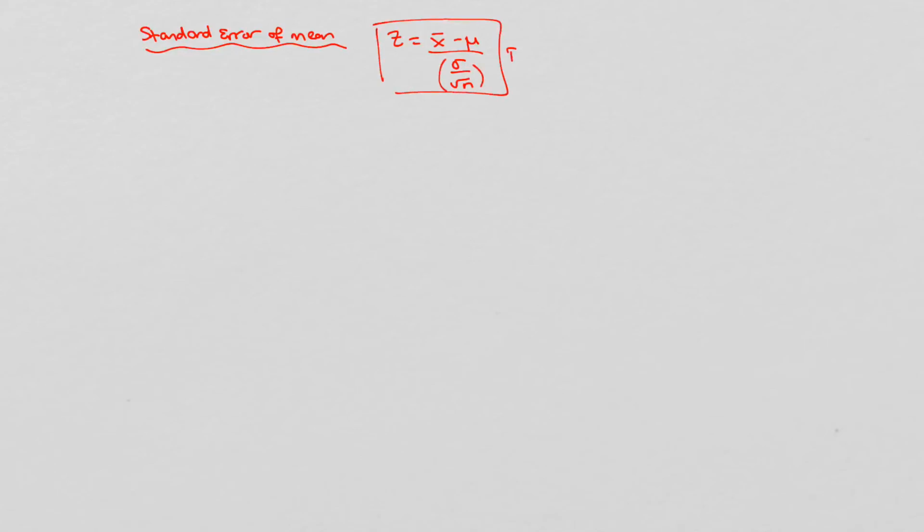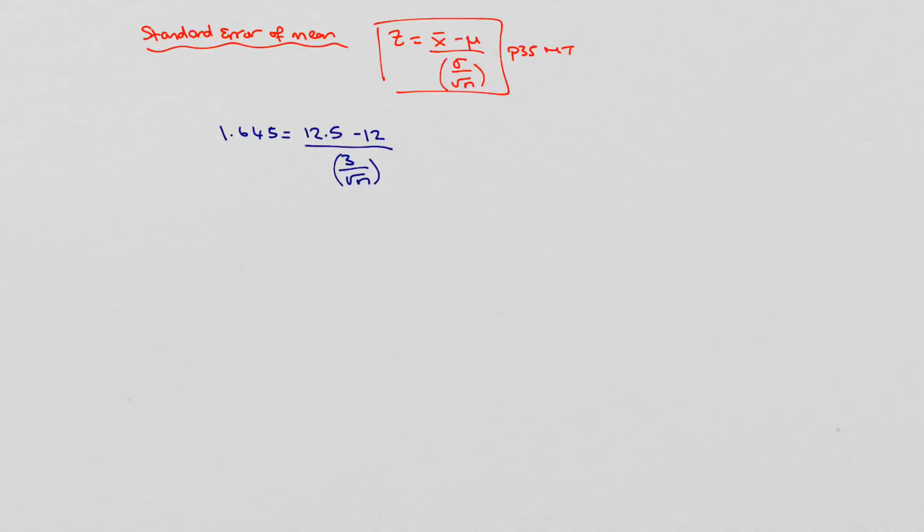And again, this is page 35 in our maths tables. So we've just worked out that z is 1.645. Our sample mean is 12.5. Our population mean is 12, and our standard deviation is 3. And what we're trying to find is n. So we're going to try and isolate n on its own.